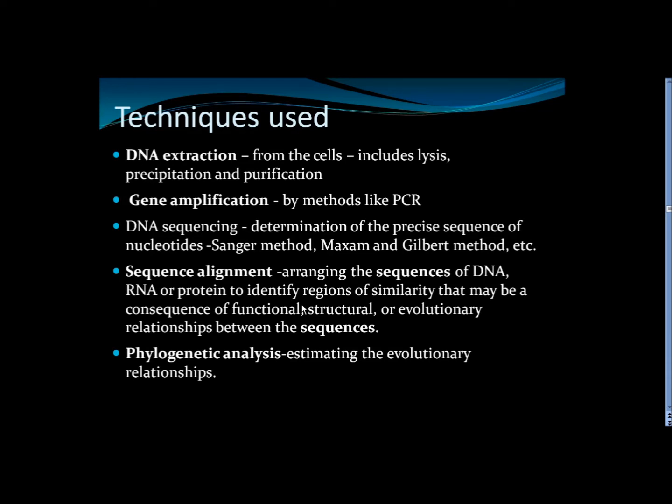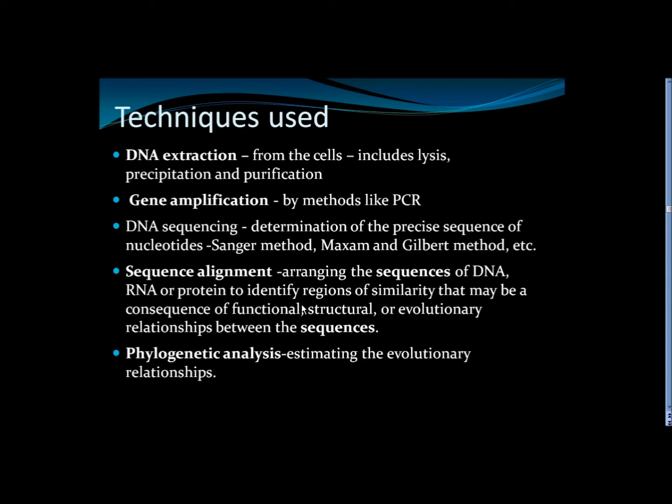The sequenced DNA is now aligned, which we call sequence alignment, wherein we arrange the sequences of DNA, RNA, or protein to identify the regions of similarity, which may be a consequence of functional, structural, or evolutionary relationship between the sequences.